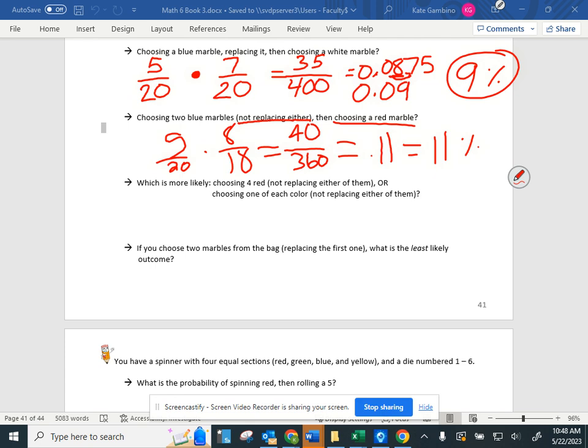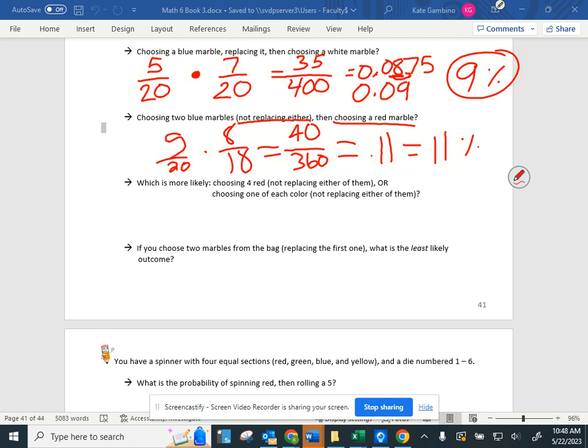So there are 5 blue marbles. It says you choose 2 blue marbles. When I read it as 2 events, I'm choosing a blue and then I'm choosing a blue. So the way I read it was as 2 events.